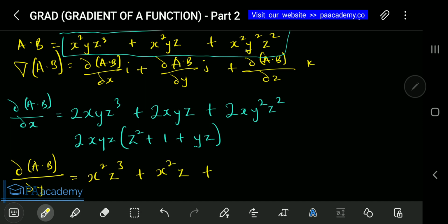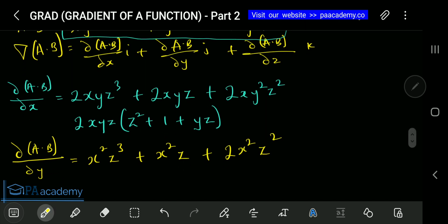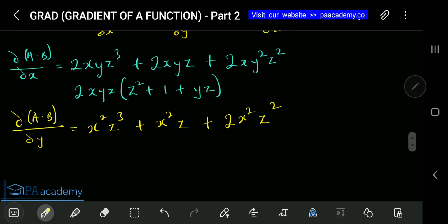If you differentiate y squared, that will give us 2y. Then x squared and z squared will be a constant. Okay, sorry, let me arrange this properly. That will be 2x squared z squared. So also, if you look at it closely, you will see that x squared z is common, so you can factor it out.